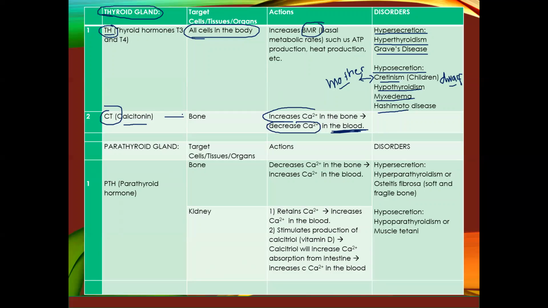By going to the target, which is the bone. Remember, bone is used for storage of calcium. If we have too much calcium in the blood, then it will be taken into the bone to be stored. So this is a storage for calcium.